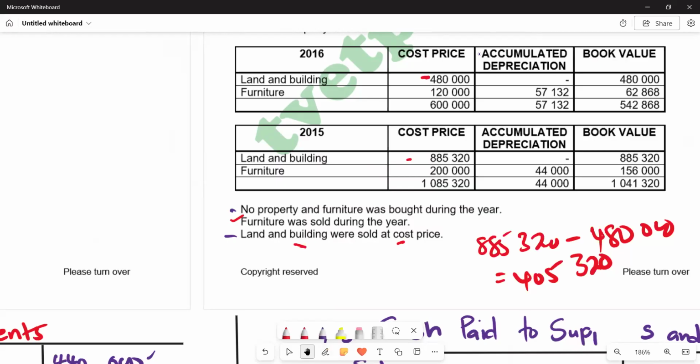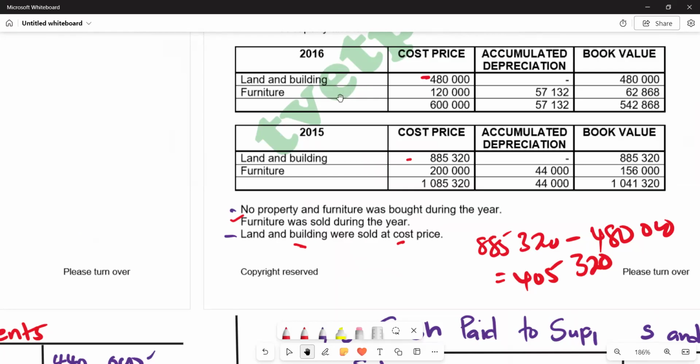For us to find the figure for furniture that was sold during the year, we are just going to prepare a T account whereby we have our opening carrying value at the beginning, and then we subtract the carrying value at the end, and also subtract the total depreciation for the year. When we do that, we are going to get the disposal at carrying value.